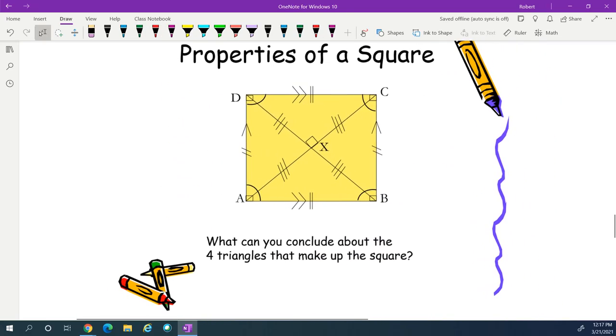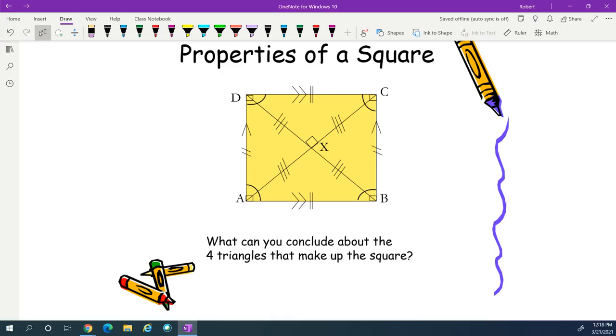So just like we did with all the others, we can look at the shape where everything is filled in for us, and we can see how the square inherits all the properties of the other parallelograms, but the triangles also inherit various properties.